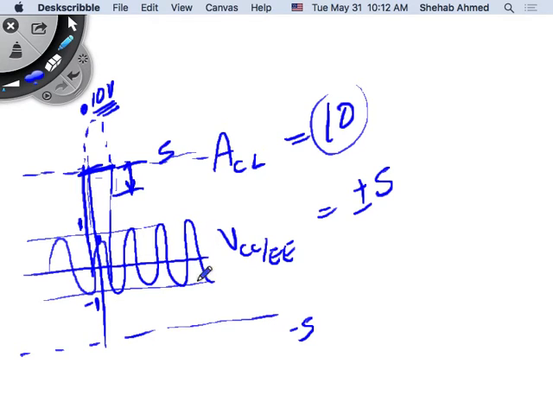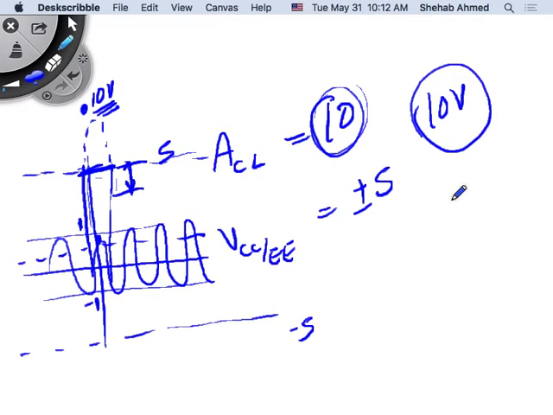So let's say I have some DC content to this signal, that offset voltage. That means I'm going to be amplifying my offset. Let's say I have 1 volt input offset voltage. If I amplify it by 10, that means my offset voltage is 10 volts. So just my offset voltage will ruin anything.